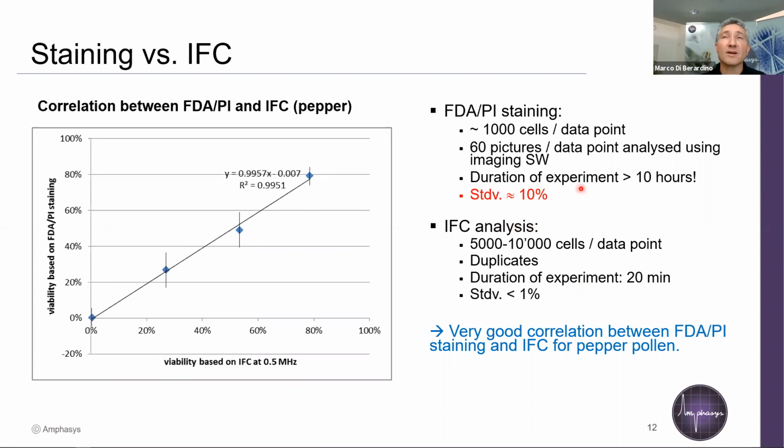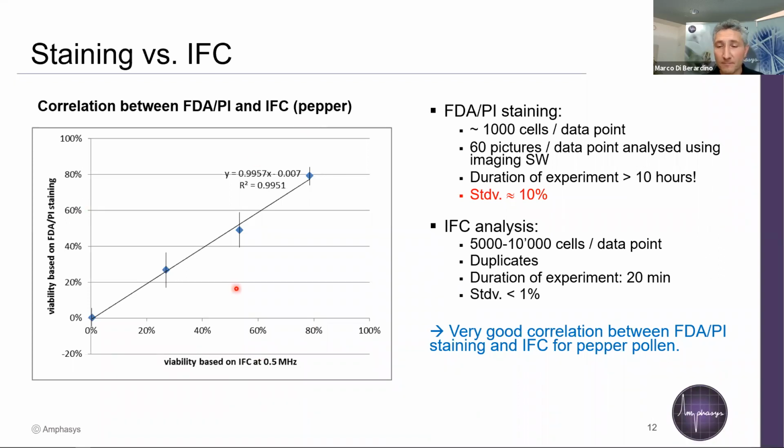And this might come from other errors like the color or the staining ambiguity that I mentioned before. In any case, these two methods show very nice correlations if they are done well, as you can see from this slide. And when you had 80% viability through IFC, you got the same value with the staining method.